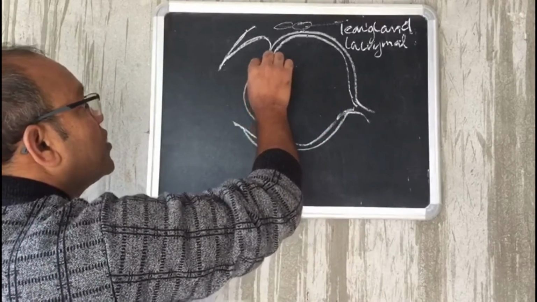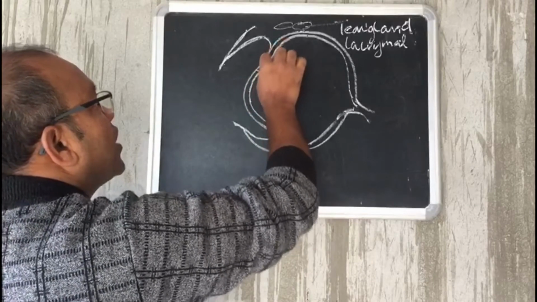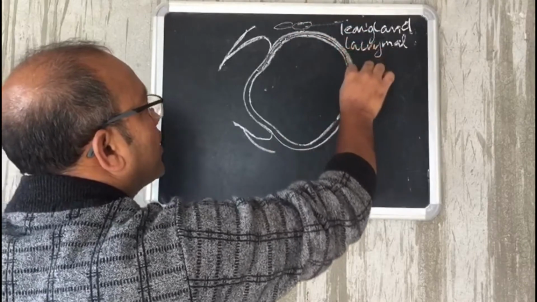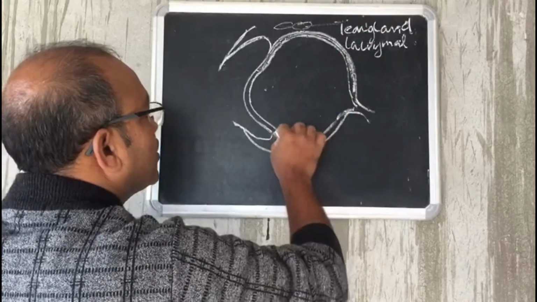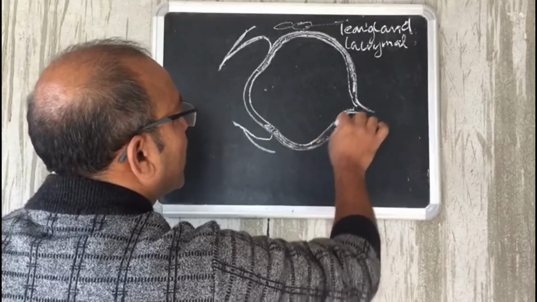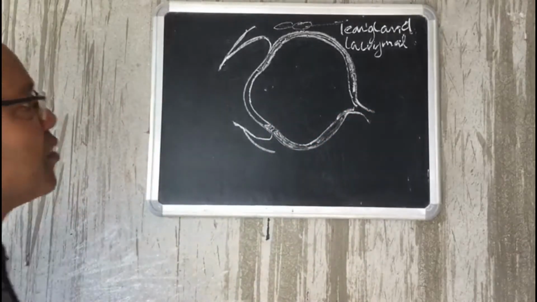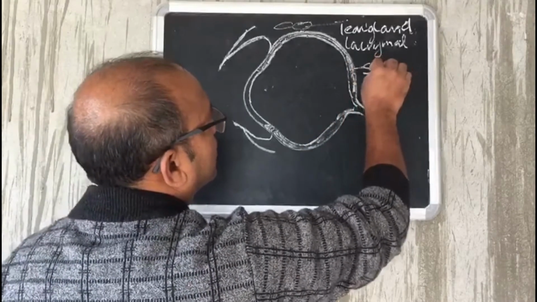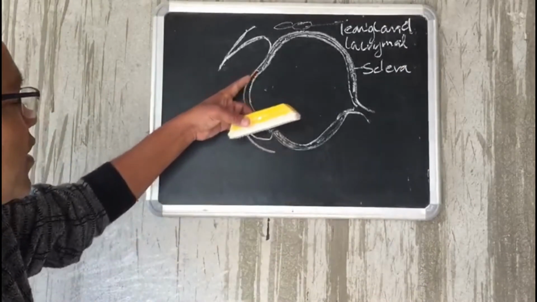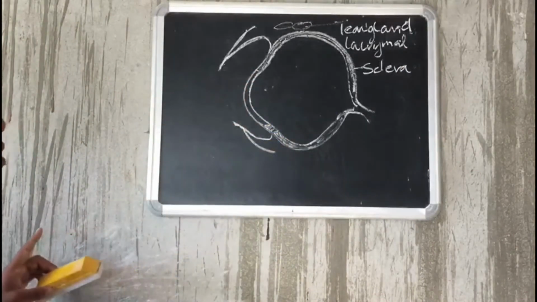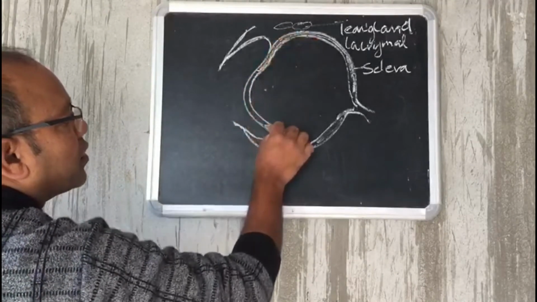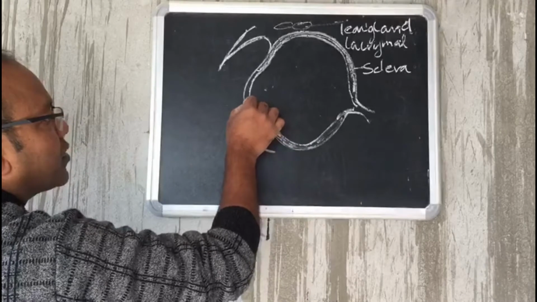But this sclera is opaque, but in the front portion of the eye, the exposed part, it is transparent.